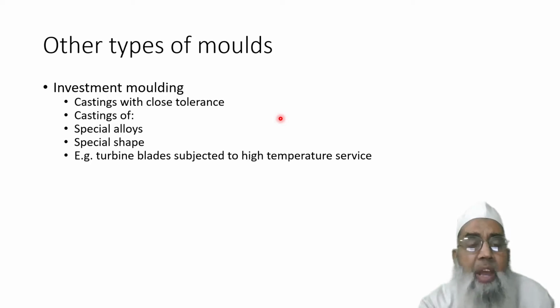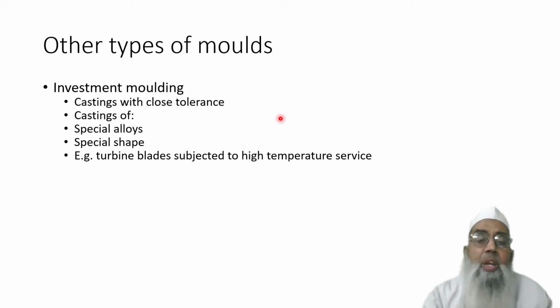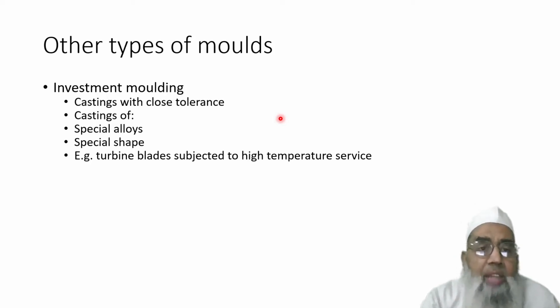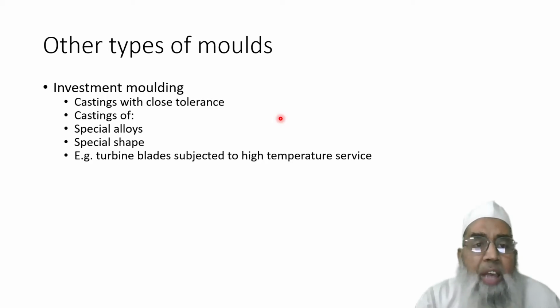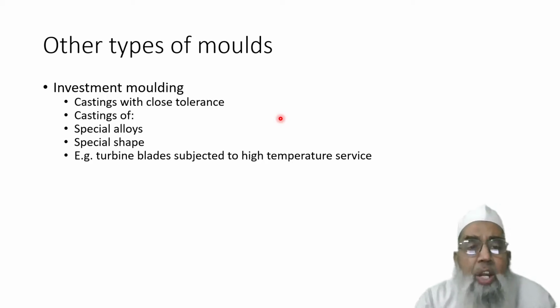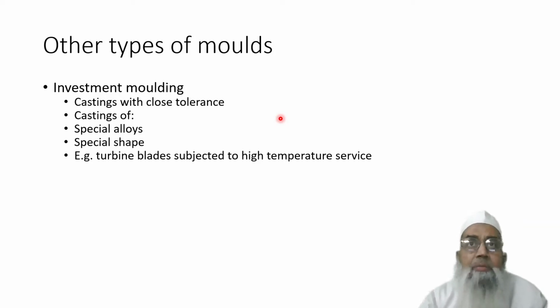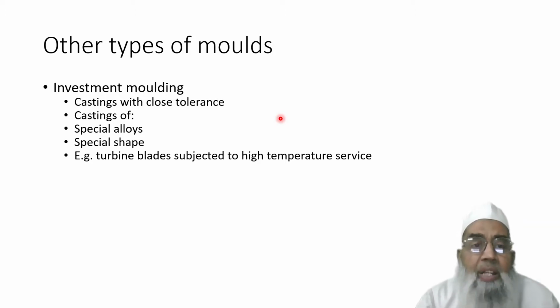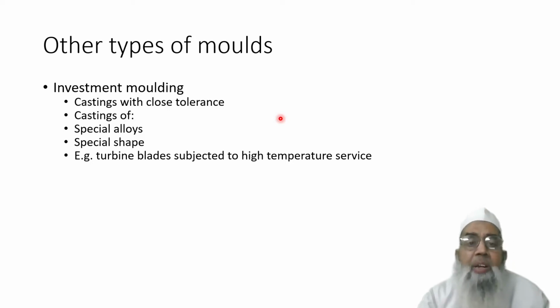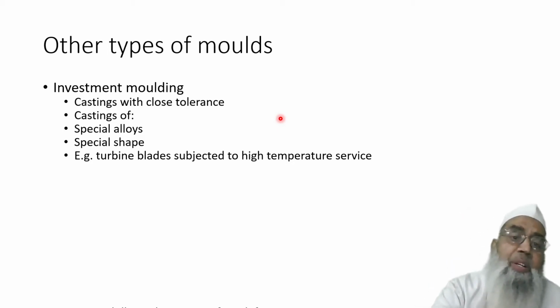As we know, when we need close tolerance, then we go for investment casting. And if there is a special alloy or a special shape which can't be handled by a normal green sand mold, then we go for investment casting. For example, turbine blades subject to high temperature service, we generally adopt investment casting.